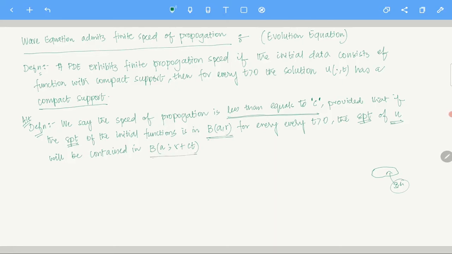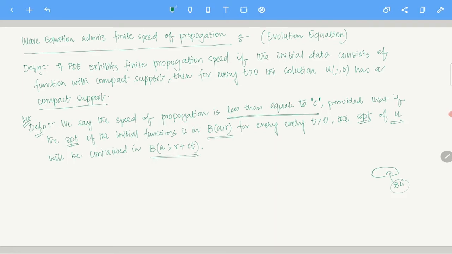Outside this ball the solution is going to be 0. Clear? That's what it's called, the support. It's not really a ball, it's more like a cone, because t varies: from t equals 0, as t moves on, it becomes a cone, right?